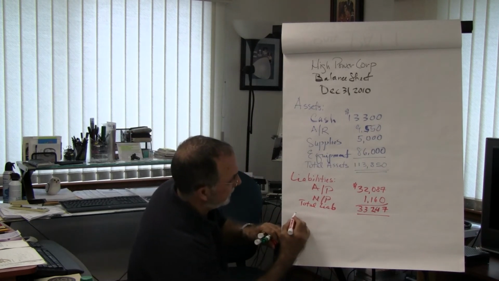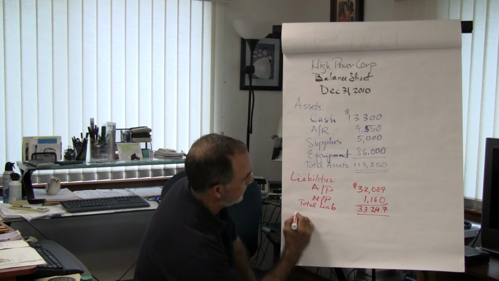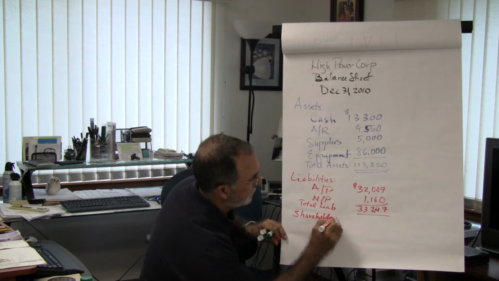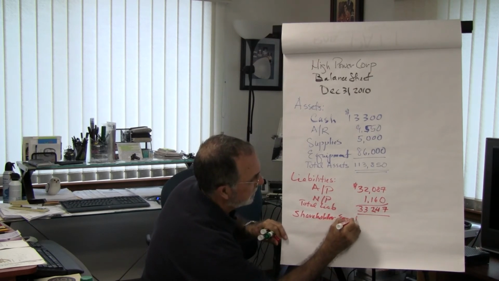And finally, we need to show our owner's equity. And owner's equity in a corporation is called shareholders' equity. So that's the title I'm going to use here. Shareholder equity.